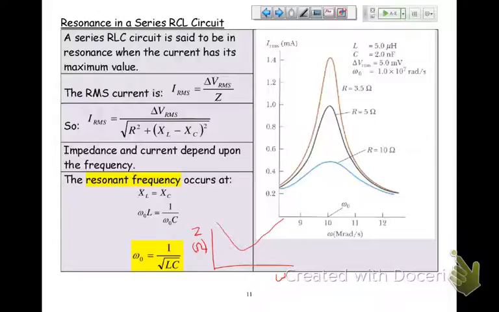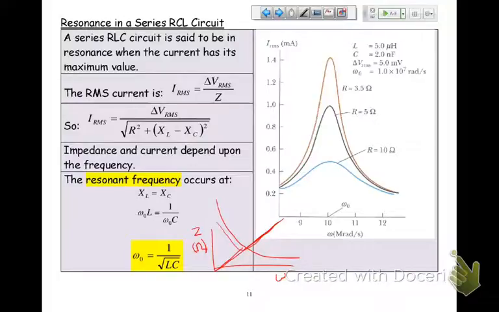So on this graph I have small currents when I'm off resonance and big currents when I'm on resonance. That makes sense. It's a very nice and symmetrical graph, and you're going to do a lab on this, and you're not going to get this nice symmetry. If one bit's linear and the other bit is inverse, it's not going to be symmetrical. Okay, fair enough. We can live with that.